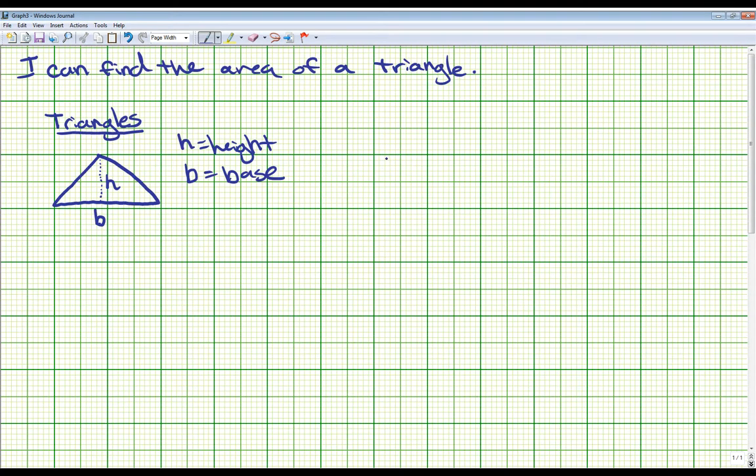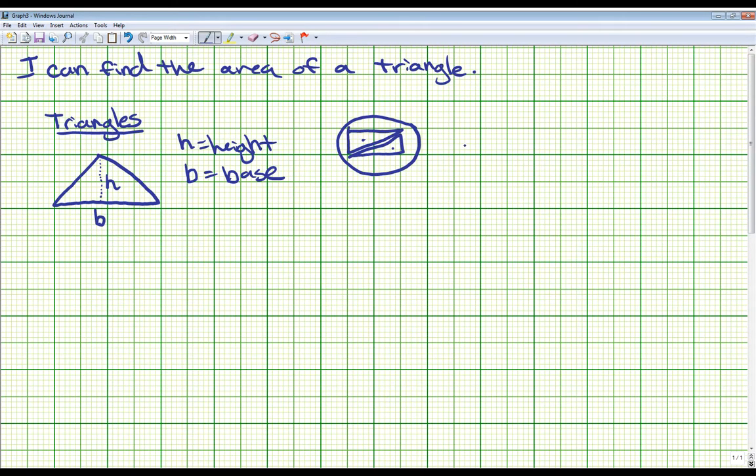Something to also note about triangles that helps us with the formula for how to find the area is that a triangle is really just added together to make a rectangle. So for example, if I drew a triangle that looks like that, and then I drew another triangle that looks like this, together, if I put these two triangles together, this creates a rectangle.